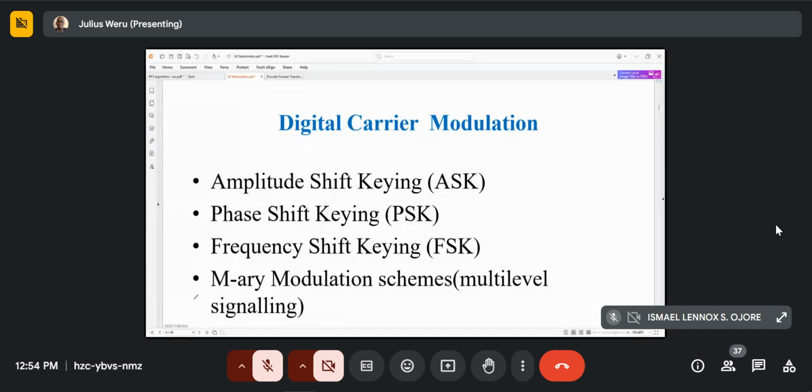In M-ary, you have 2 to the M levels. So if you are carrying 2 bits, you have 4 levels. If you are carrying 3 bits, it means for each signal you transmit 3 bits. So every time you have one signal, you have 3 bits. If you are using 8 levels, that is 2 to the 3, and so on.